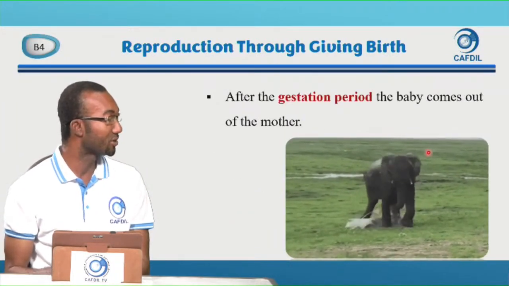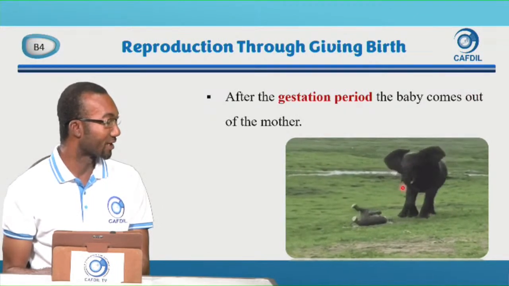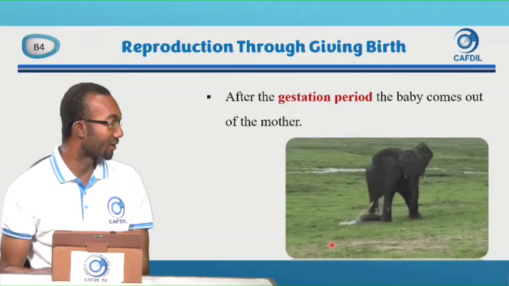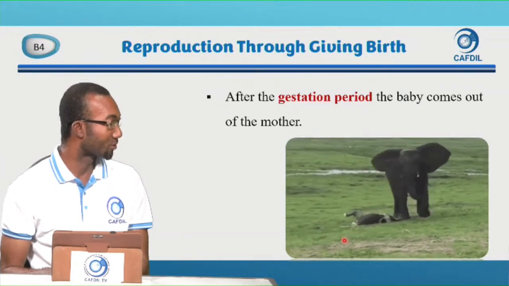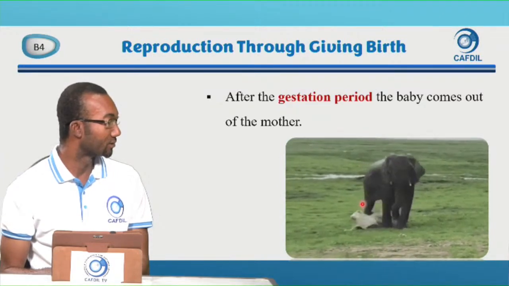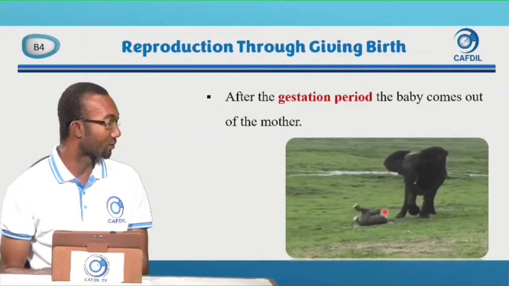After the gestation period, the baby will come out of the mother. So there's the elephant. We saw this unborn baby in the womb, and right now it came out of the mother, and that is what we call giving birth. So right now the gestation period is over, so the baby comes out.